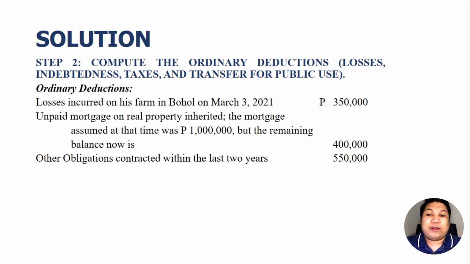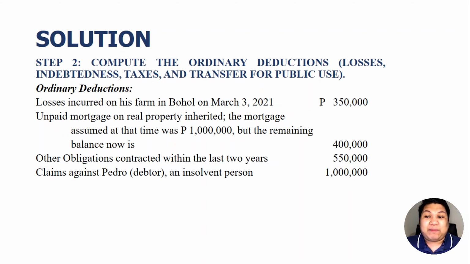And we also have other obligations contracted within the last 2 years, which is 500,050, and claims against Pedro, the insolvent person. Okay, so remember, I've told you a while ago that we added this in the gross estate, but later on, we can deduct this as a deduction from the gross estate of Juan, because in essence, though it is a receivable, there is no sense of taxing this because there's nothing to collect from Pedro.